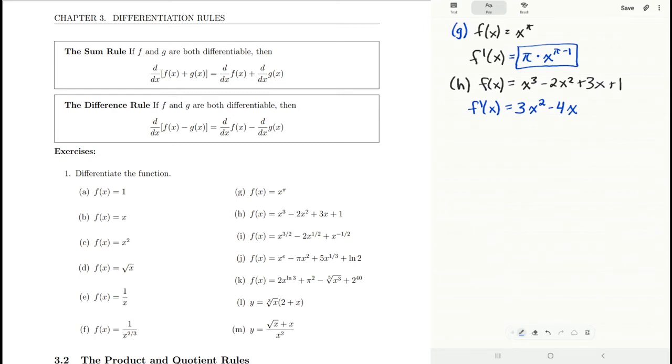And the derivative of plus 3x, we know that the derivative of x is equal to 1. So that is plus 3 times 1. And then the derivative of plus 1, so the derivative of 1 is equal to 0. So we can simplify this to 3x squared minus 4x plus 3.